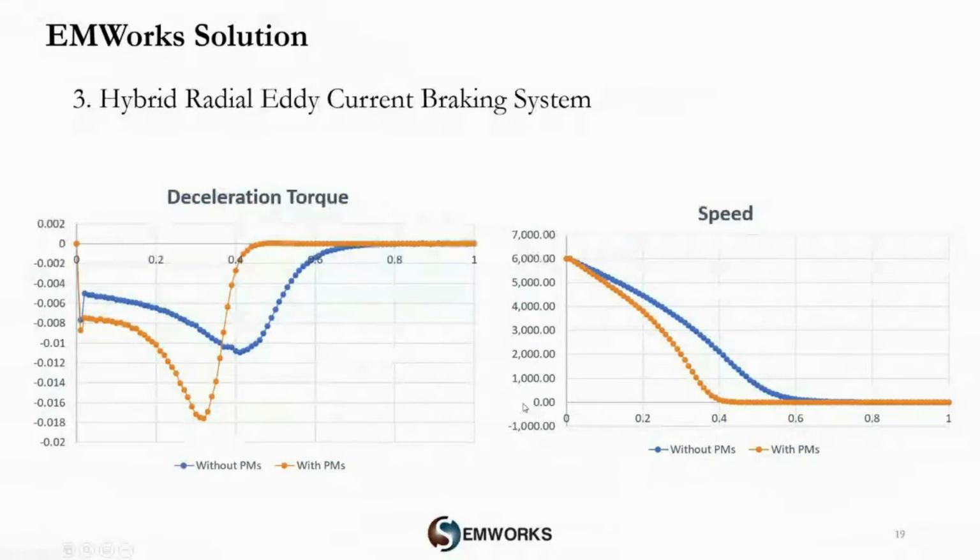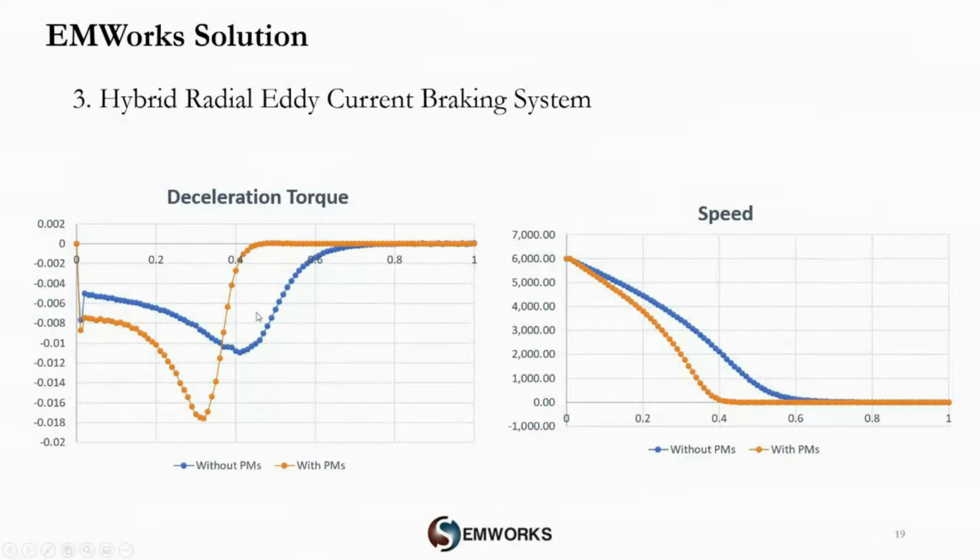This one shows you the deceleration torque and the eventual speed with and without the permanent magnet. In this case, he did it correctly. So the orange is with permanent magnets, the blue without.